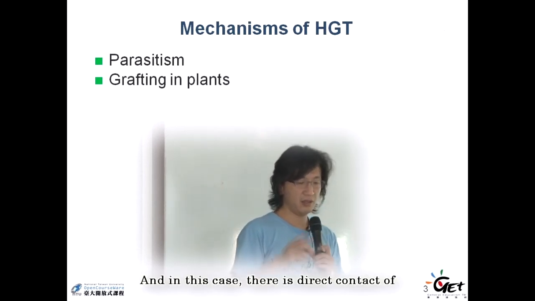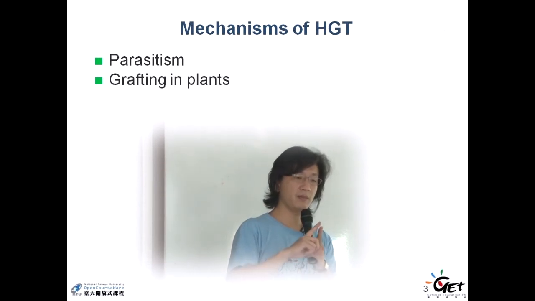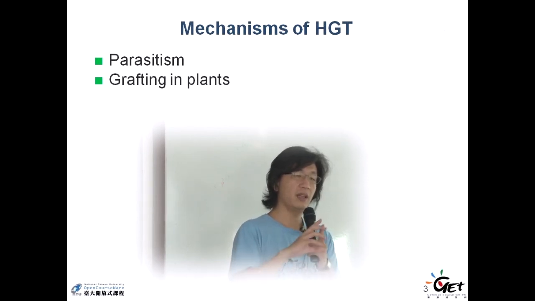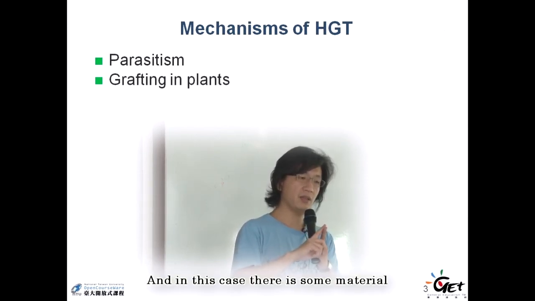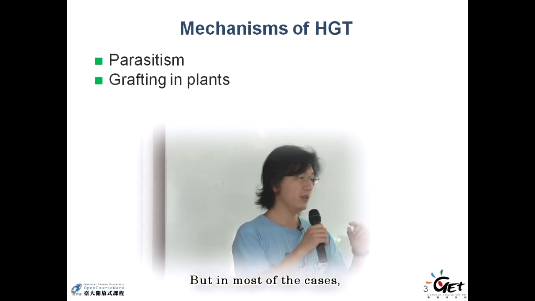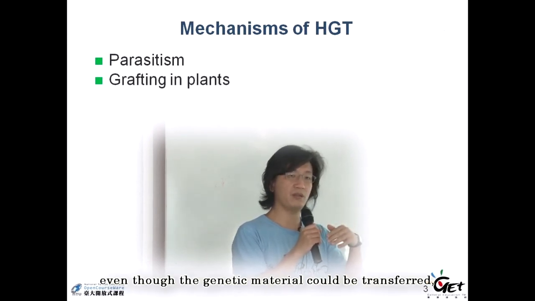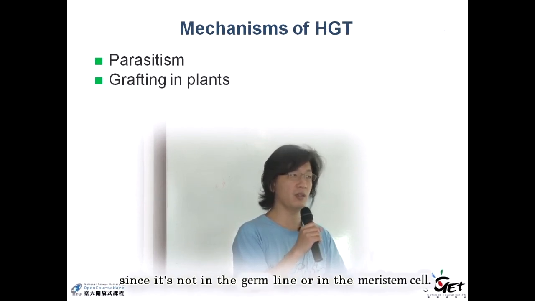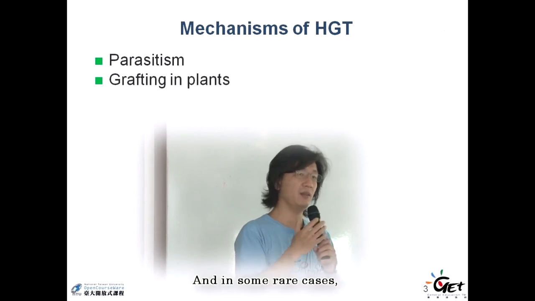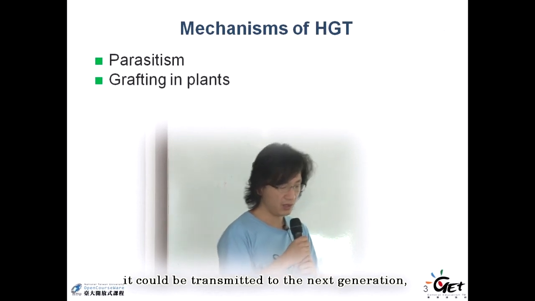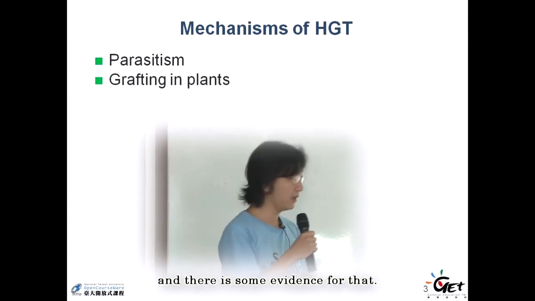In this case, there is direct contact of the cells or tissues from one plant to the other, and some material could be transferred between the grafting tissues. But in most cases, even though the genetic material can be transferred, it cannot be transmitted to the next generation since it's not in the germline or in a male stem cell. But in a very rare case, it could be transmitted to the next generation, and there is some evidence for that.